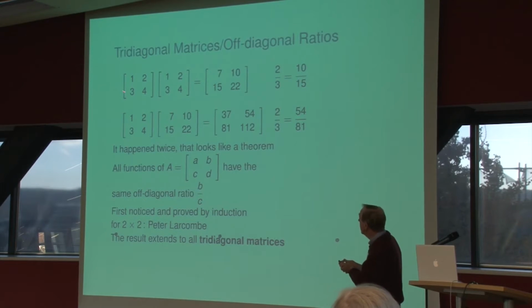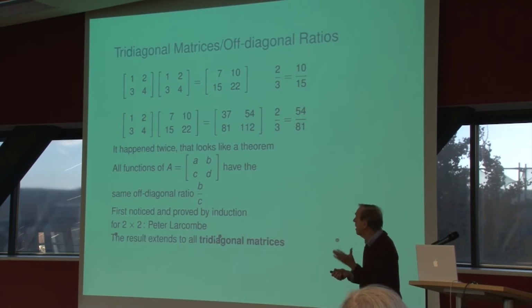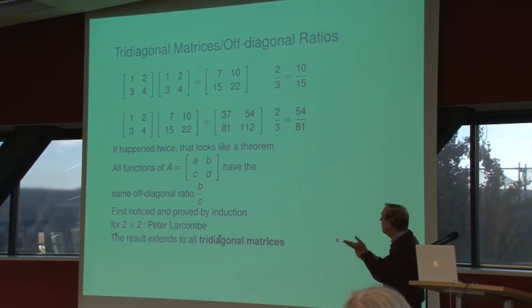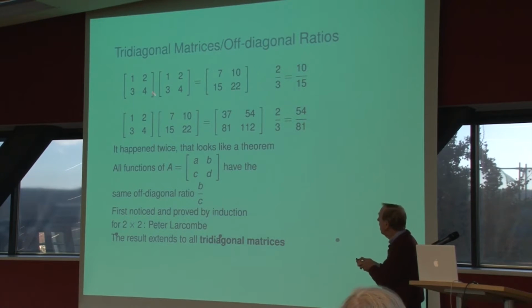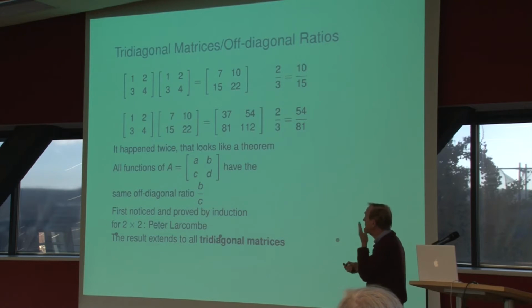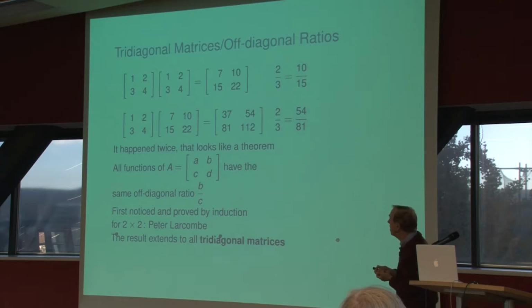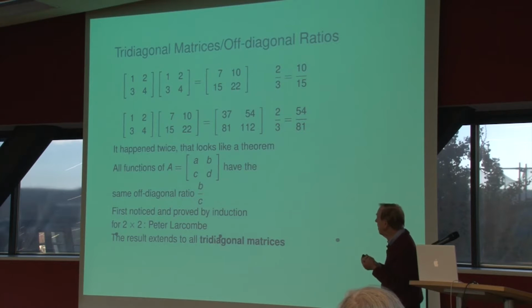Why should this take any 2x2 matrix, essentially any? If it had zeros there, we would have to make some convention. So say non-zeros. Take its powers, and you will see that the ratio off the diagonal is the same for all powers. So it's a nice observation.